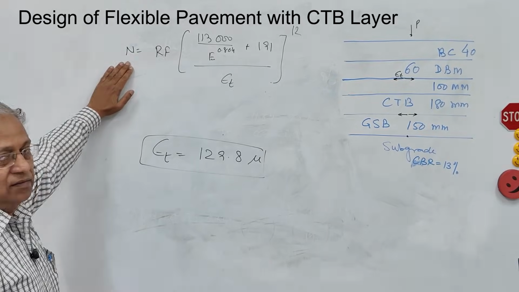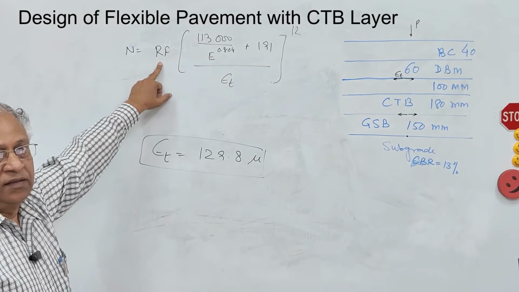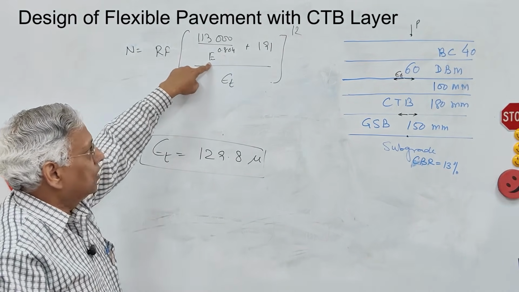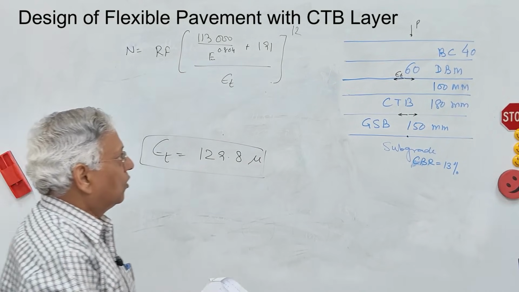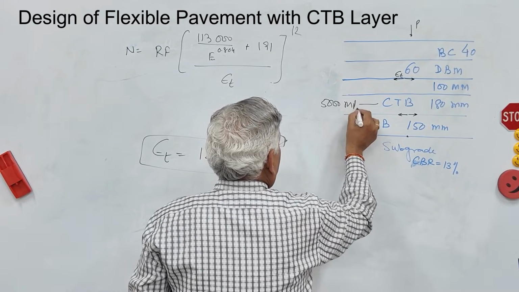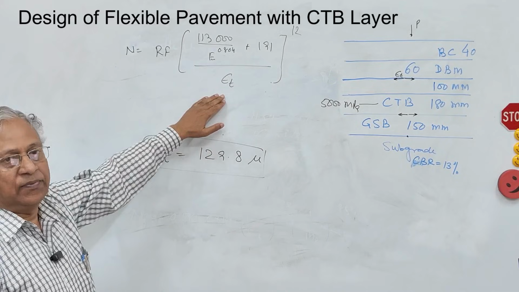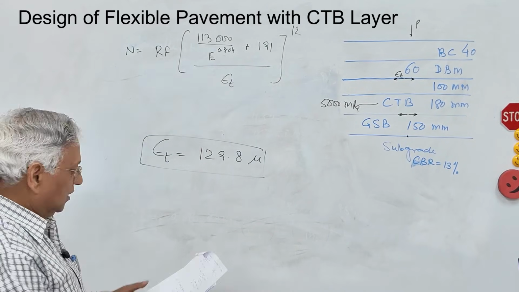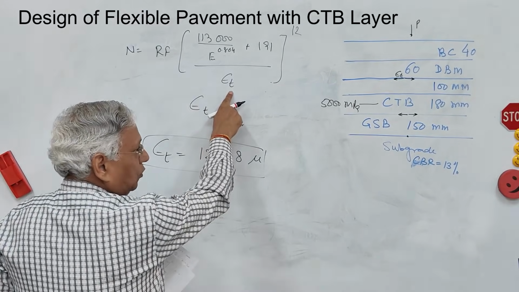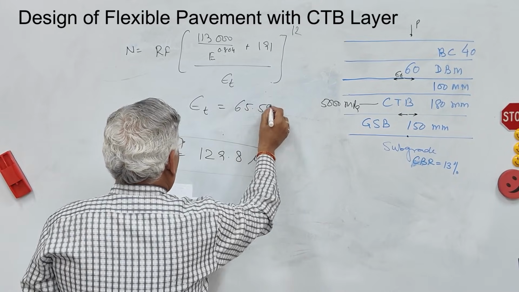Again, design traffic 130 into 10 power 6, RF reliability factor, and for National Highway Expressway this value is 1. E is the modulus of the CTB layer, taken as 5000 MPa. You know all these parameters, so you can find out epsilon T, which in this equation is in micron, and this is 65.55 micron.